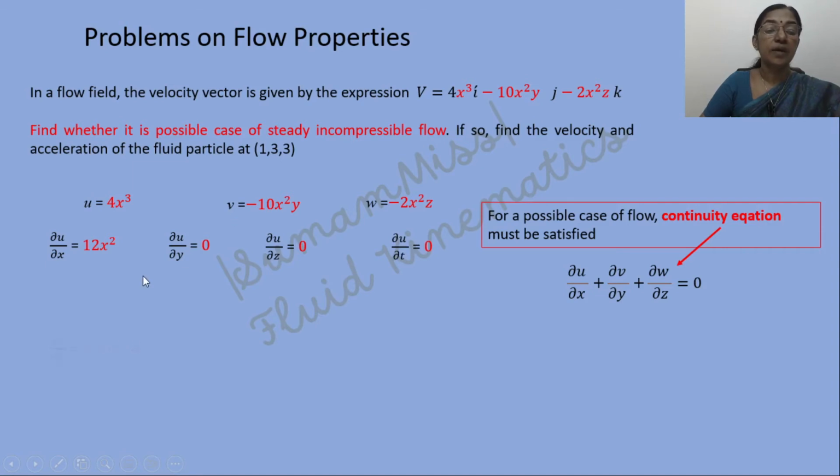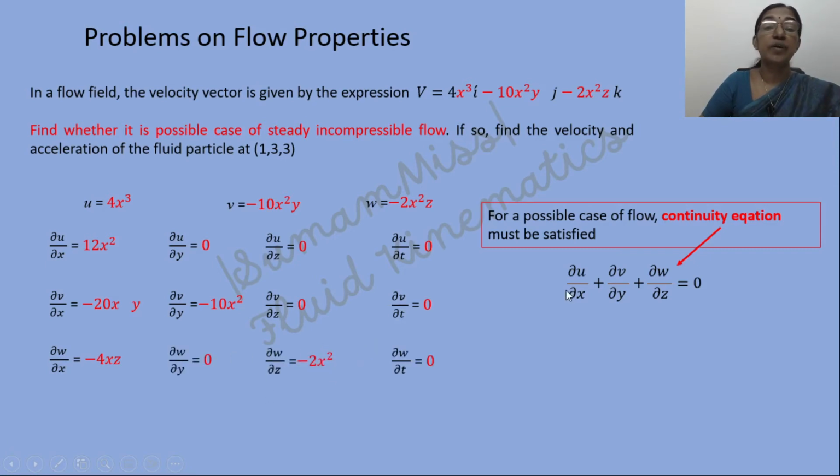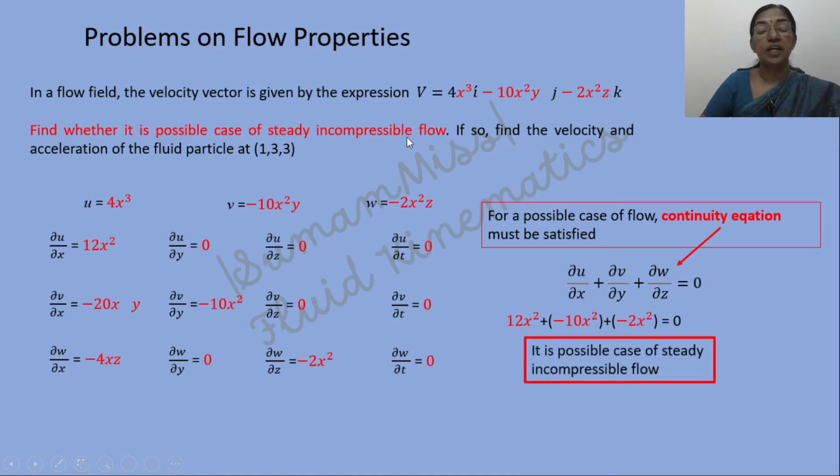Similarly, ∂v/∂x is equal to minus 20xy, whereas ∂v/∂y is equal to minus 10x², and ∂v/∂z and ∂v/∂t equal 0. Similarly, we can differentiate w with respect to x, y, z and t. Substituting ∂u/∂x plus ∂v/∂y plus ∂w/∂z as 12x² minus 10x² minus 2x², the equation is satisfied, equal to 0. So that means it is a possible case of steady incompressible flow.